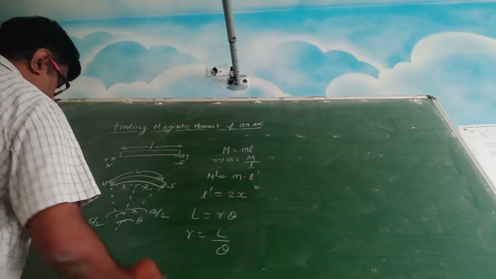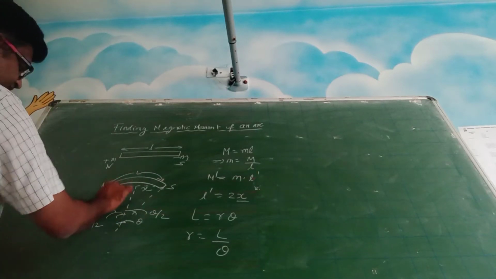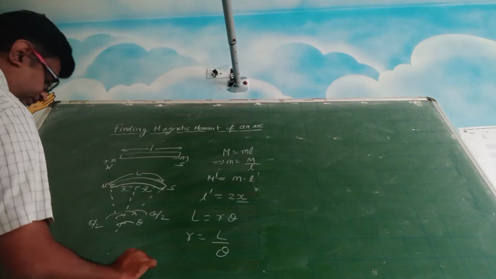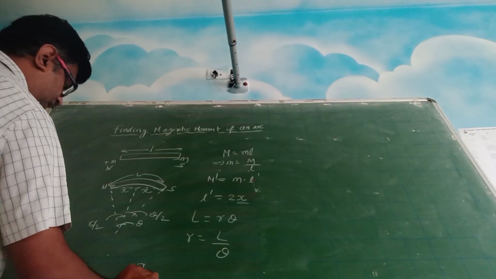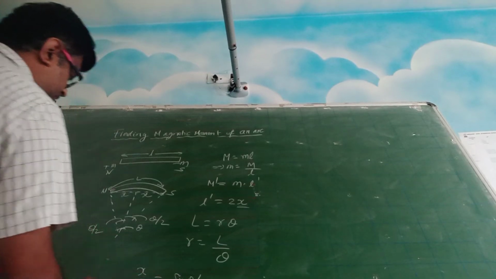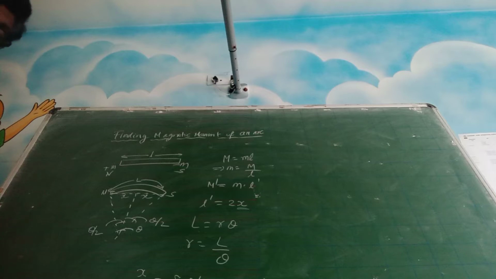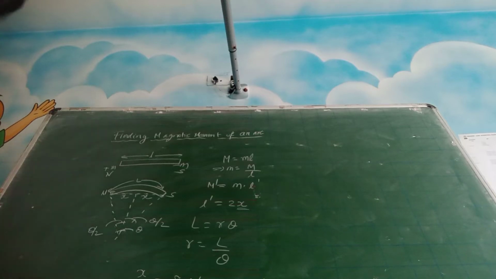Alright. Now because we want to find out x, look at this triangle. We have x divided by r is equal to sine theta by 2. It is opposite by hypotenuse.